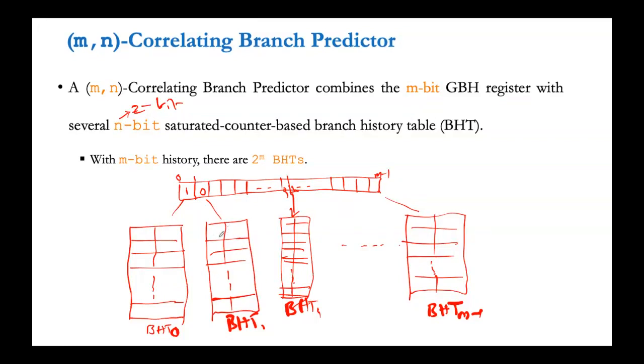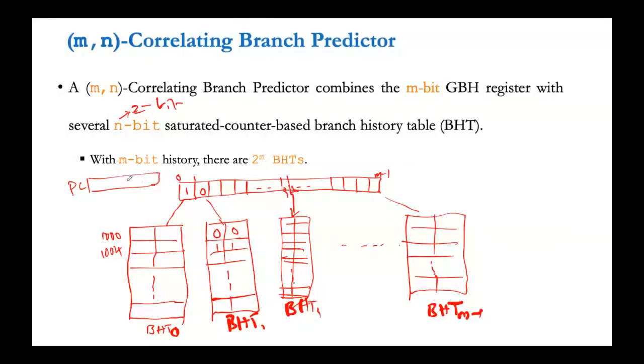That branch history table maintains whether the branch will be strongly taken or weakly taken. That status will be there, right? So in this branch again, whether that branch will be taken or not. How to maintain that? It requires this m-branch register, from which it identifies which branch will be taken. After the branch is selected, as usual the branch is mapped with the addresses in the program counter.